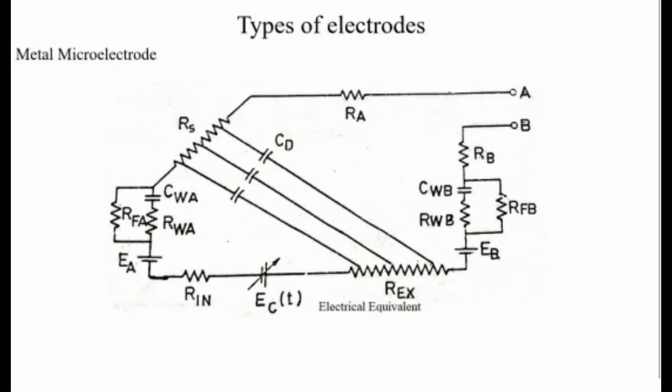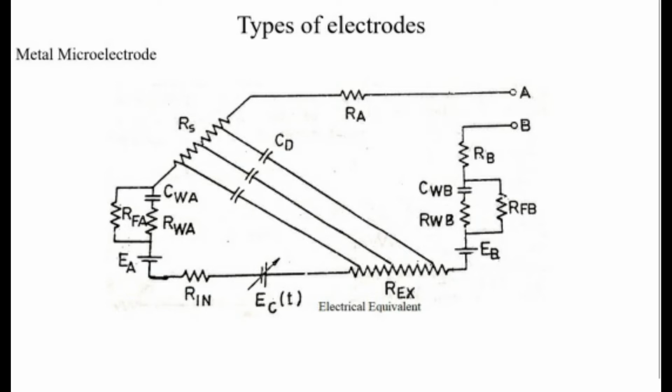In the equivalent circuit, RA denotes the resistance of the connecting wire, which is negligible. RS denotes the resistance of the shaft of the microelectrode, which is also negligible. RFA, RWA, and CWA constitute the impedance of the microelectrode tip intracellular fluid interface.